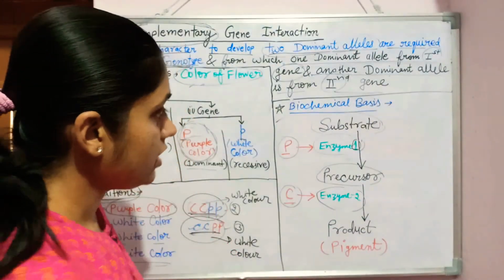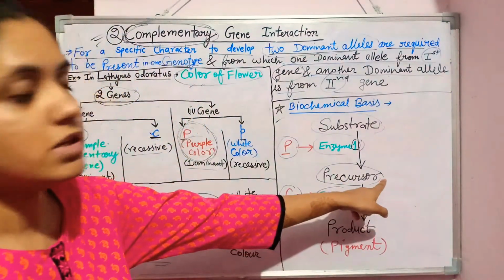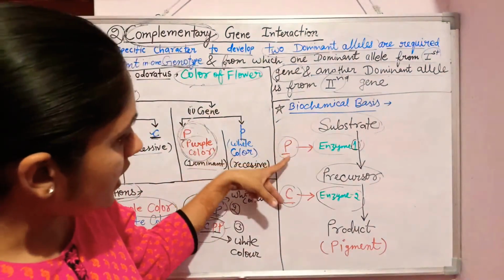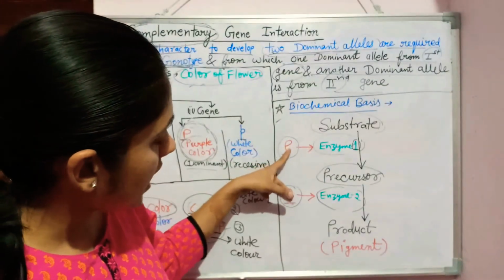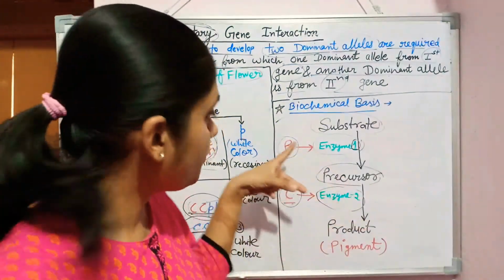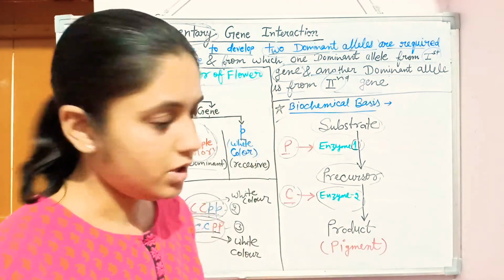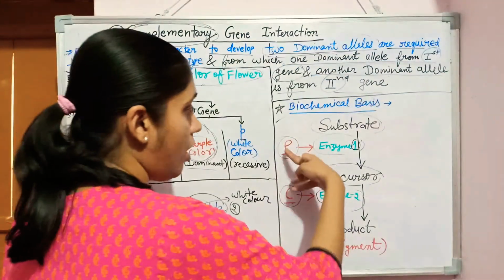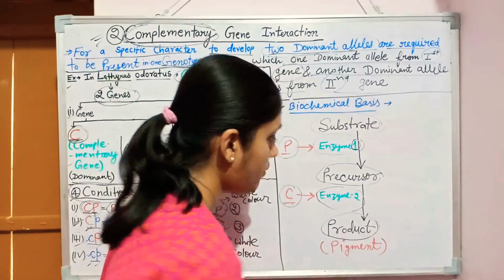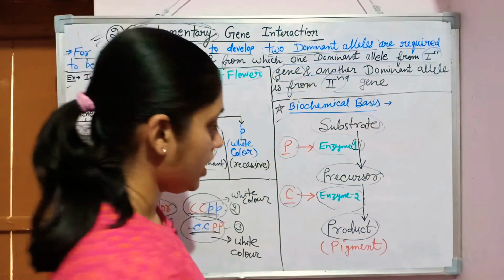So if this complementary gene is absent, then the precursor is formed but the product is not formed. So this capital P and capital C are dominant alleles from two different genes, so these are complementary to each other. The product is formed only when both are present.